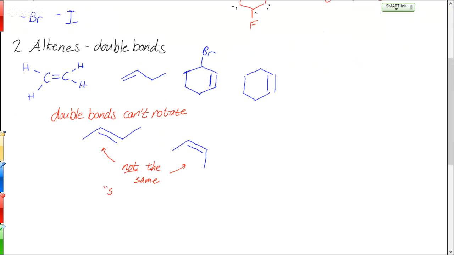I'll give you the real word for it here, stereoisomers. That'll make more sense in the next chapter, but basically they're isomers that differ by their three-dimensional orientation. So the geometry of it, even though they're still connected in the same way, they are not the same exact structures.